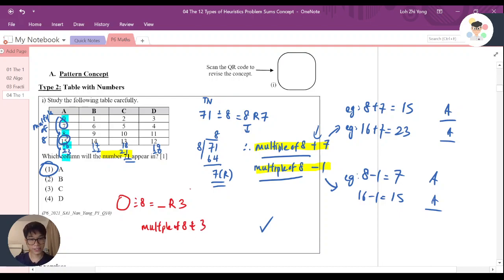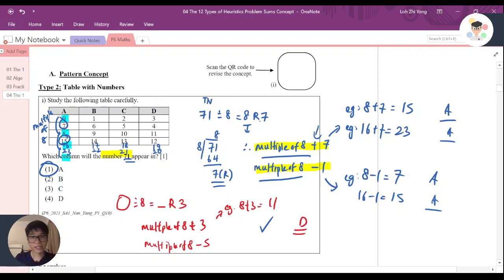Or you can say that it is a multiple of 8 minus 5, because it lacks 5 to become a multiple of 8, right? And the same thing, you can use the example 8 plus 3 is equal to 11, which means the answer will be D. So it's the same concept.